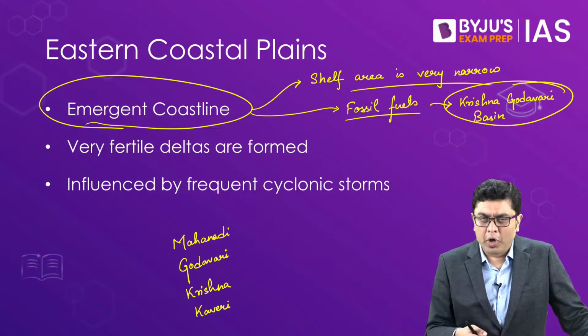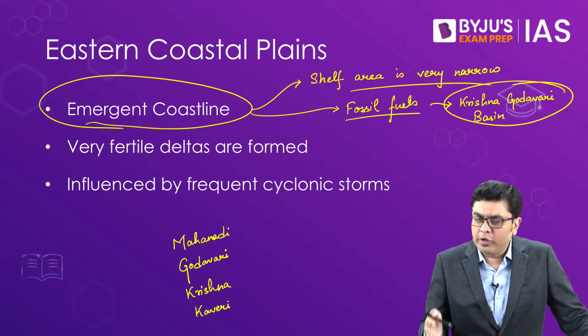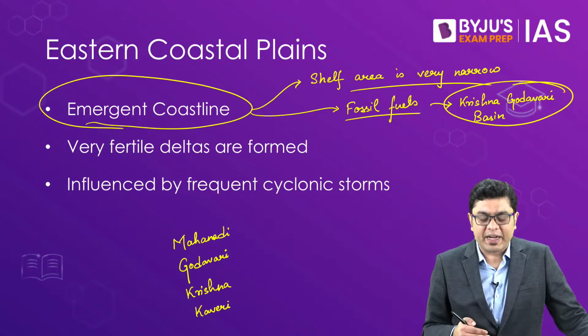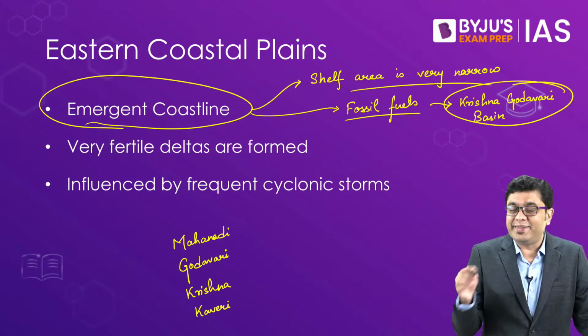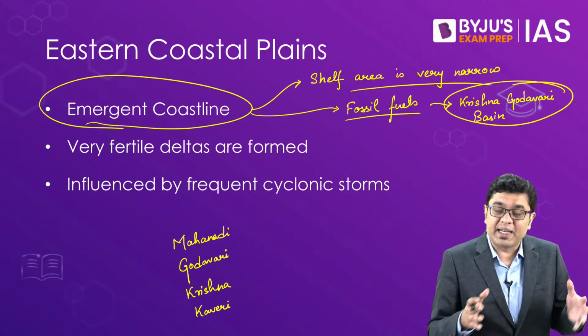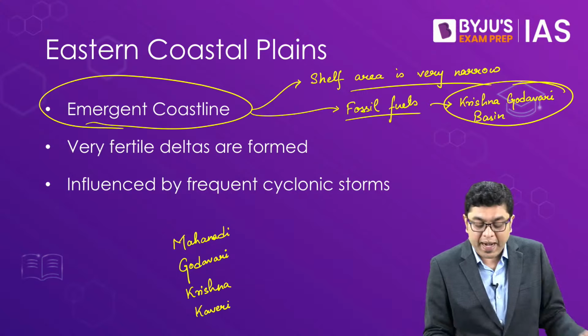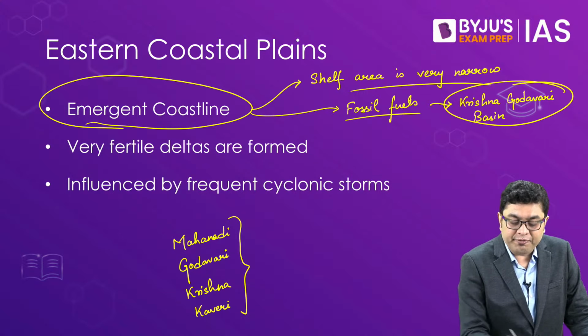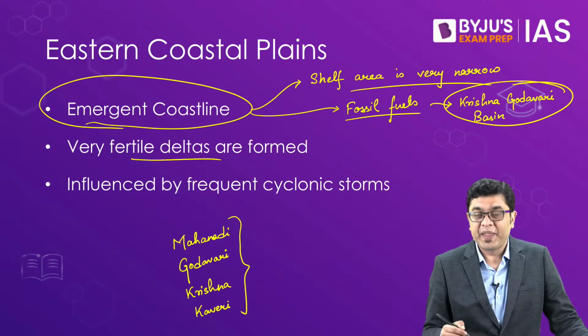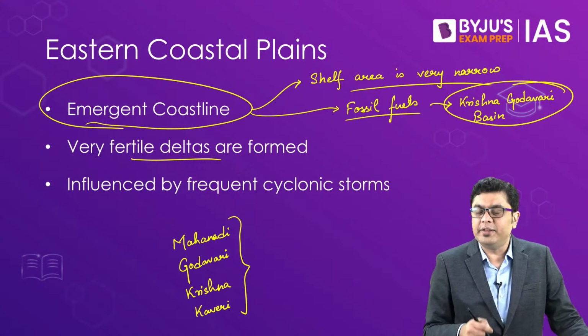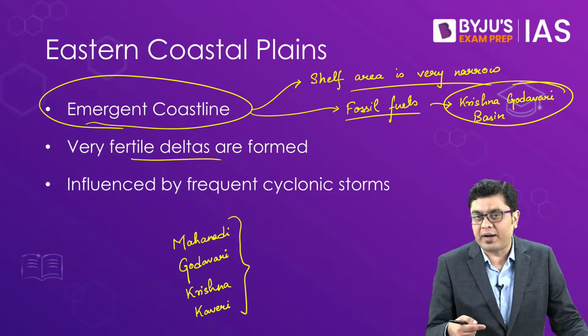You also have smaller rivers such as Penar, but these are the larger rivers that we are talking about. Now, all these rivers, after covering a large landscape over the peninsular plateau, form very fertile deltas. And it is these deltaic regions which turn out to be very productive.